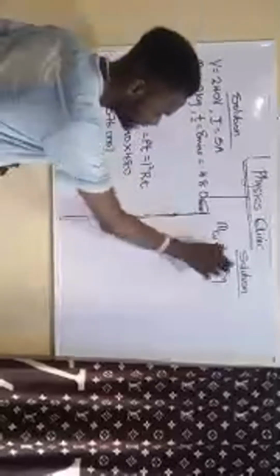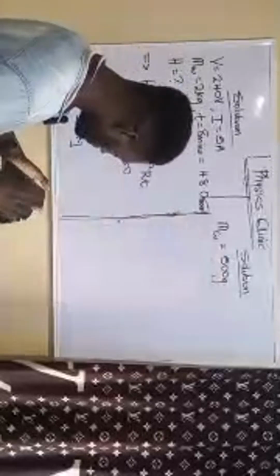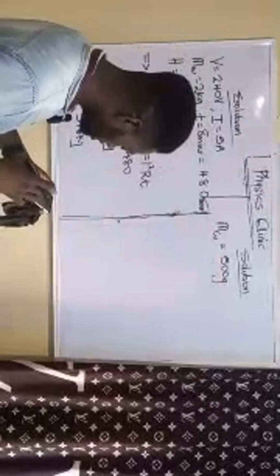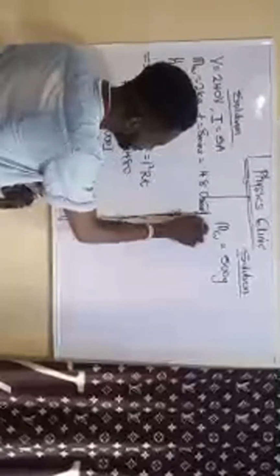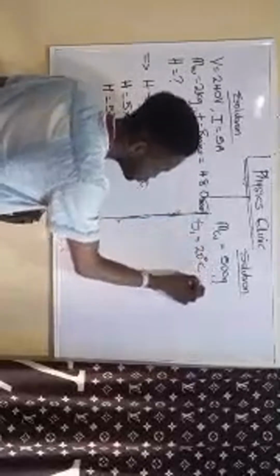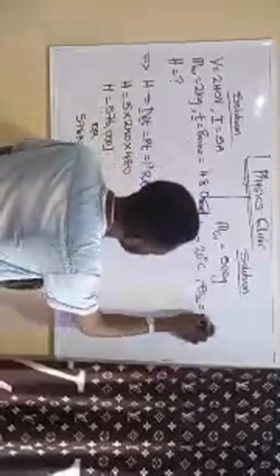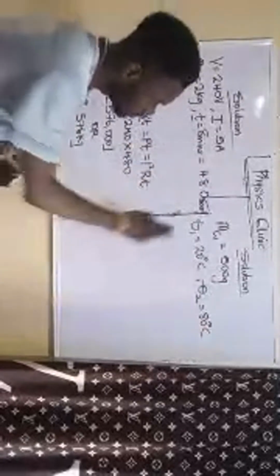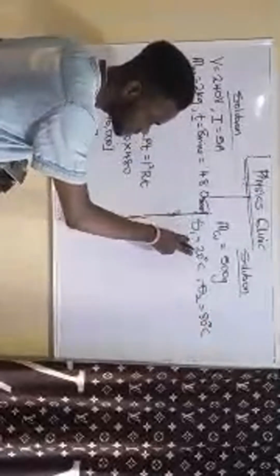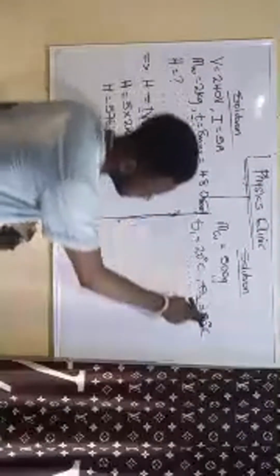So the mass of copper is 500. Then this copper was raised from an initial temperature. When the heat was applied, it moved from 20 degrees Celsius to a new temperature of 80 degrees Celsius.